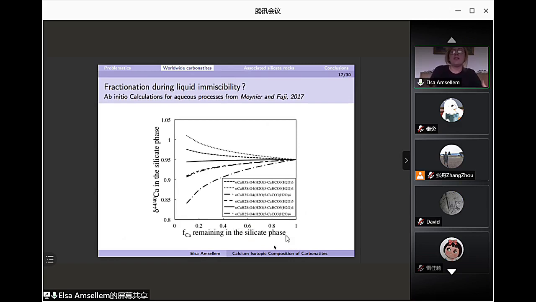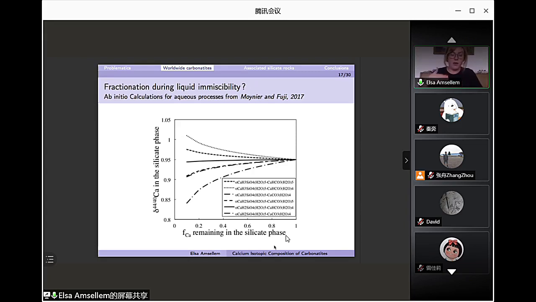So we can think of another process, because one hypothesis would say that carbonatite and silicate magma coexist together, but in a liquid immiscibility phase. Maybe during this liquid immiscibility, there could be transfer of calcium from one phase to another, from the silicate phase to the carbonate phase.